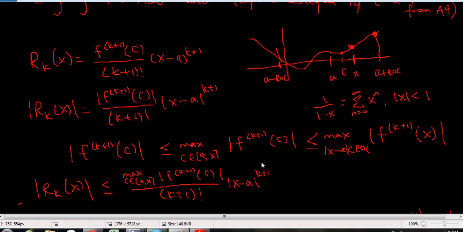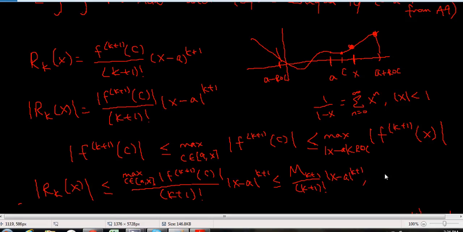Great. So now if I just pick M_{k+1} to be bigger than this, then this would be true, right? This is less than or equal to M_{k+1} over (k+1)! times |x − a|^(k+1).